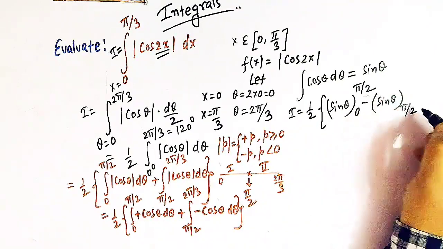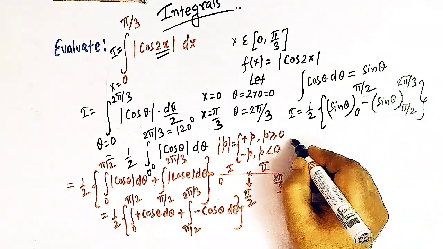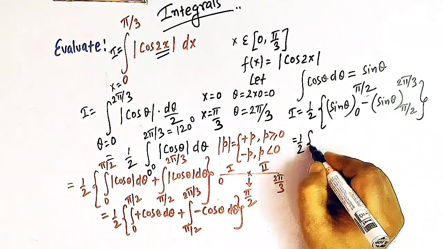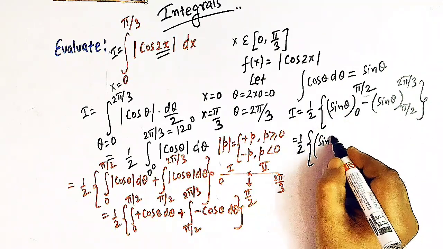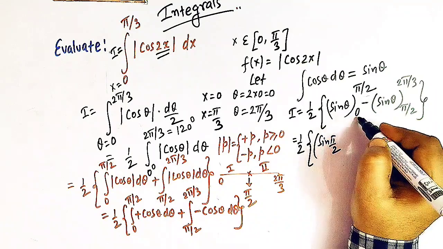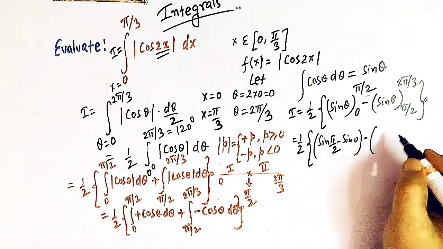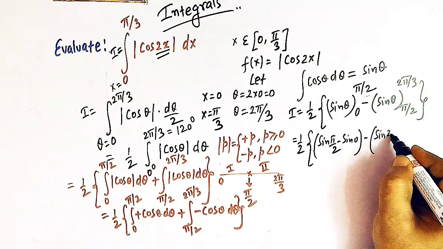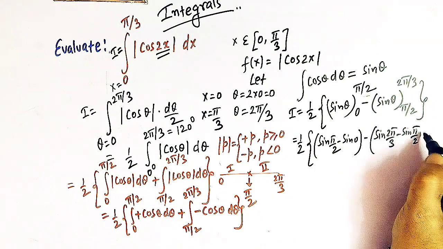Limits are from pi by 2 to 2 pi by 3. Now we have to simply substitute the limits, and we'll take the difference. In the first case we have sine pi by 2 minus sine of 0, and here we have sine 2 pi by 3 minus sine pi by 2.